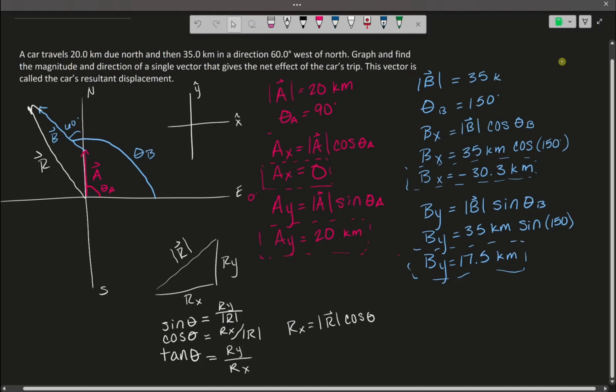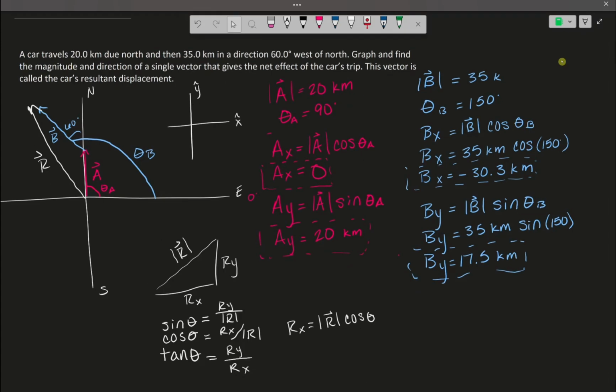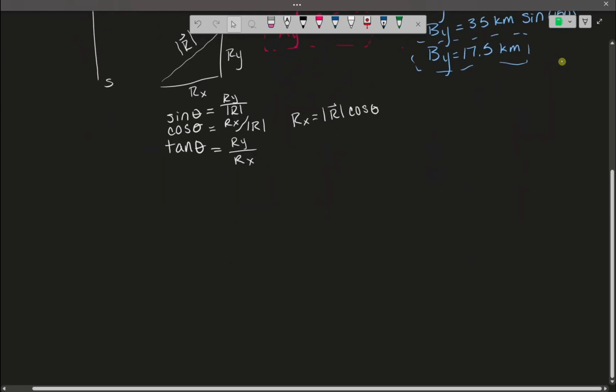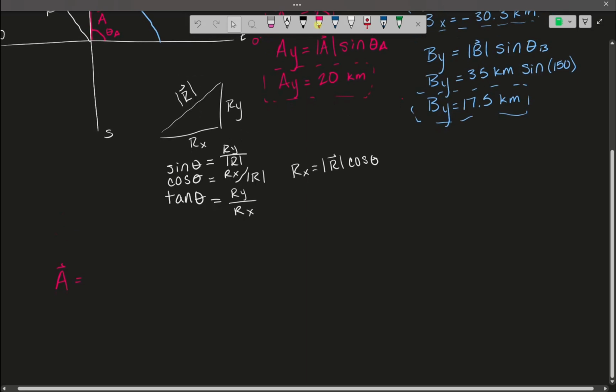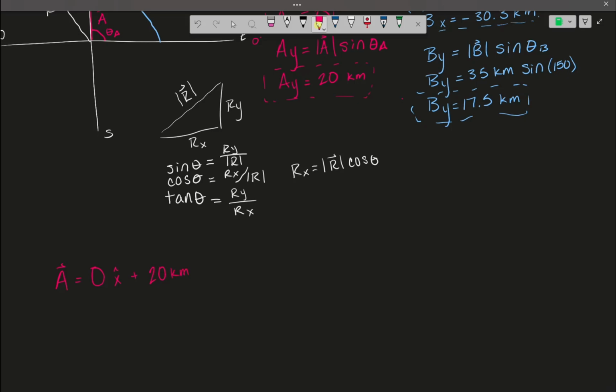So now that I have this in the Cartesian coordinates, I can add it together. But I'm going to rewrite this because it looks a little bit messy. So I had that vector A is going to be 0 in the x direction plus 20 kilometers in the y direction, and I had that vector B is going to be negative 30.3 kilometers in the x direction and 17.5 kilometers in the y direction.